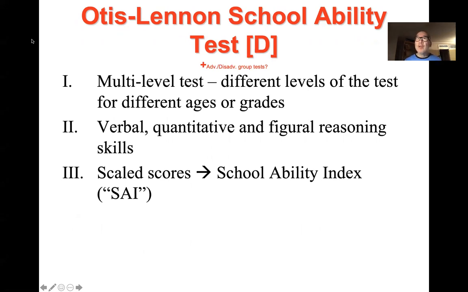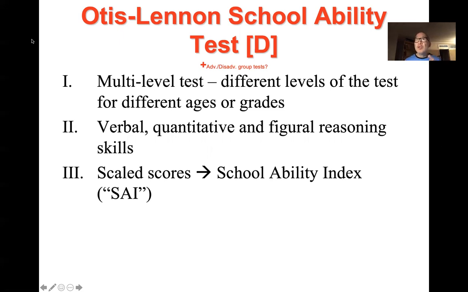It's a multi-level test, which measures different levels for different age groups. So you have first grade, second grade, and so on, meaning a test that's established for different levels of grade school. It measures things such as verbal ability, word knowledge, reading comprehension, quantitative math ability, as well as figural reasoning.